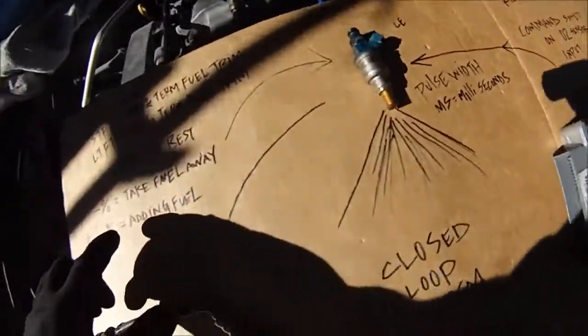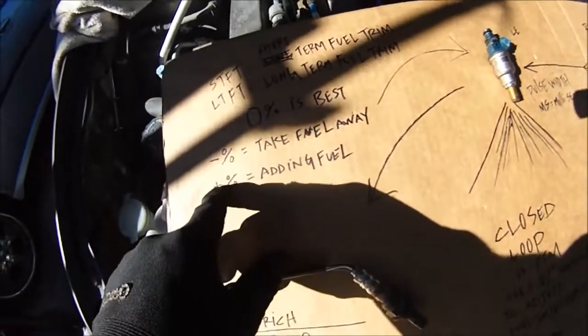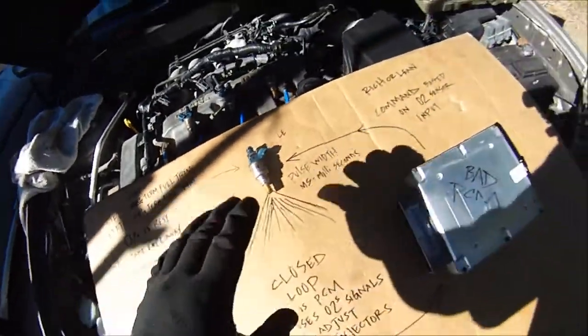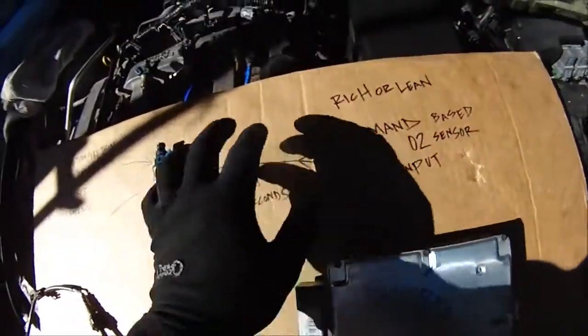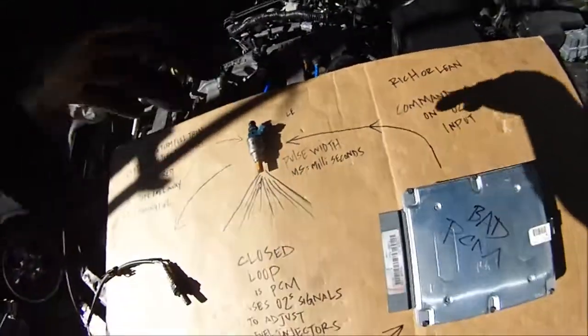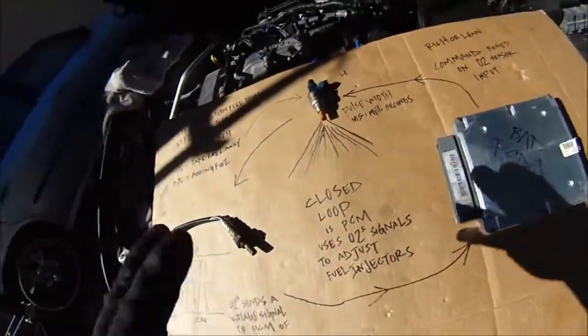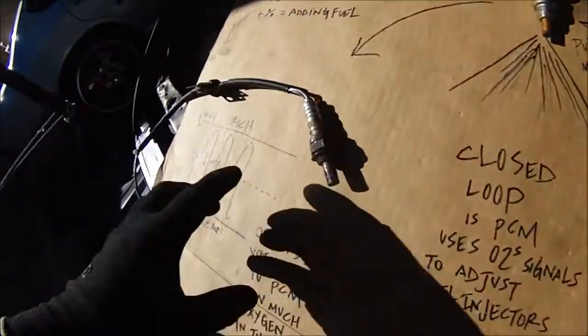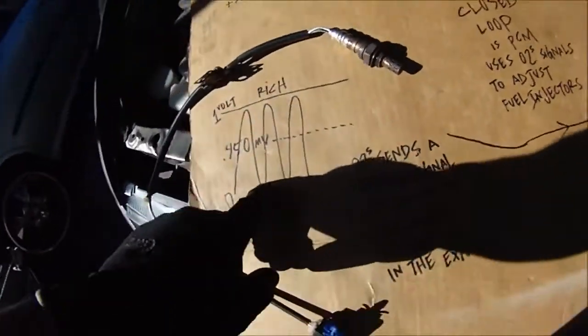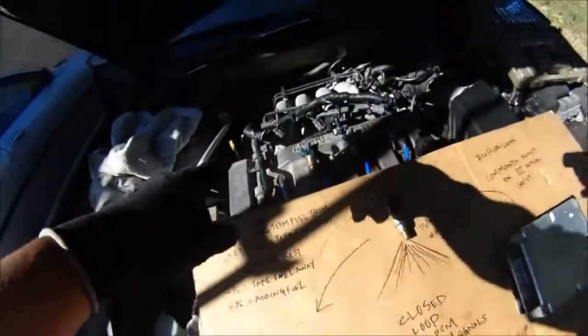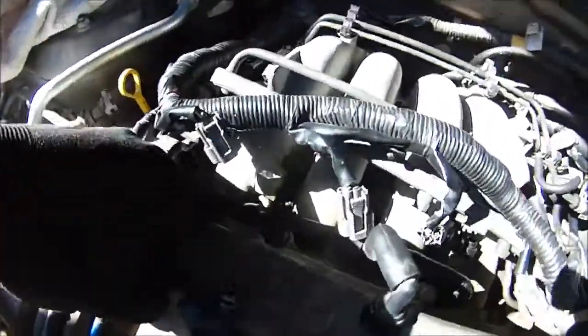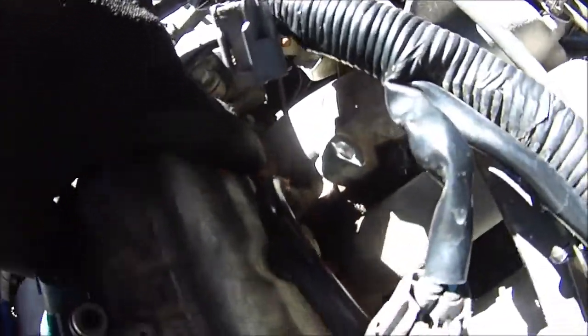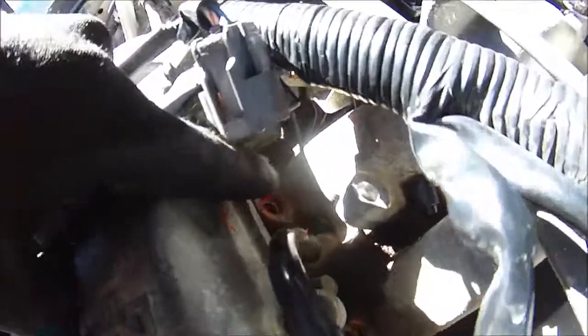The reason we got a high positive fuel trim number, which means the PCM is telling the injector to stay open longer to put more fuel in the engine, is because this O2 sensor is sensing a lean condition, which is the vacuum leak that we just found.